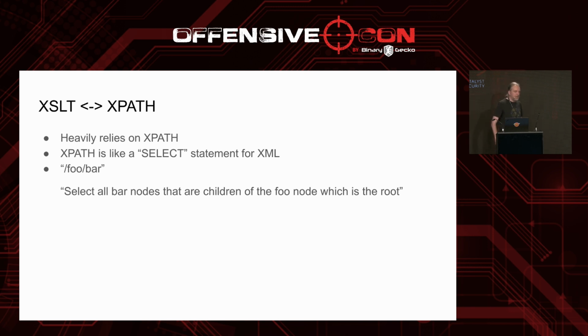So for example, if you have an XPath expression /foo/bar, what this does is it selects all bar nodes that have a foo node as its parent, and the foo node is also the root element of the XML document. So you can use these XPath expressions to select a subset of nodes from an XML document, and this will come up often later.